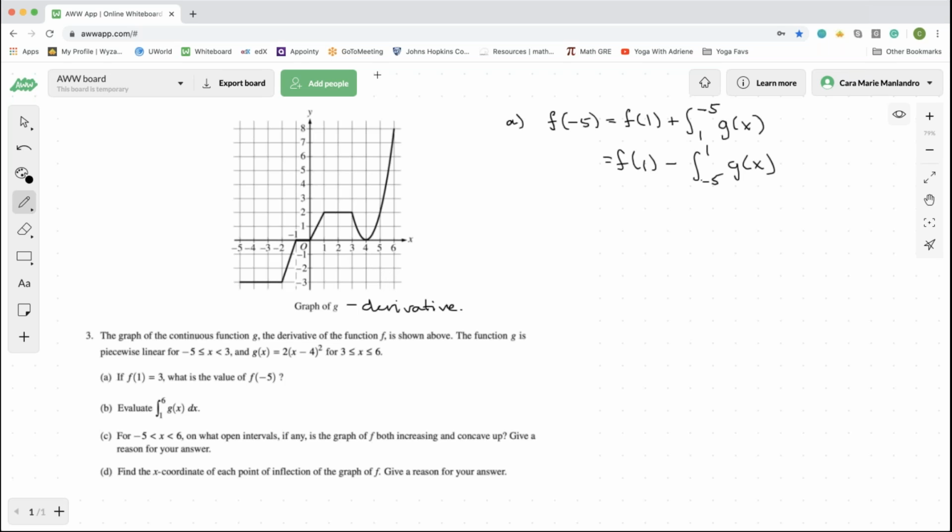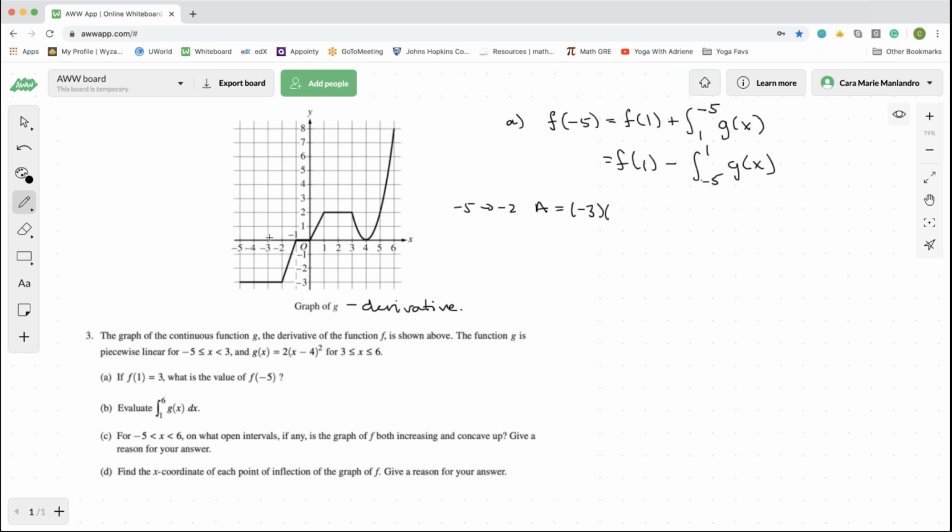Then we can go ahead and get the area of this region, and I'm going to break it up into a rectangle and then a triangle. From negative 5 to negative 2, that's the rectangle. So that area is, let's see. It looks like the height is negative 3 and the base is going to be 4.